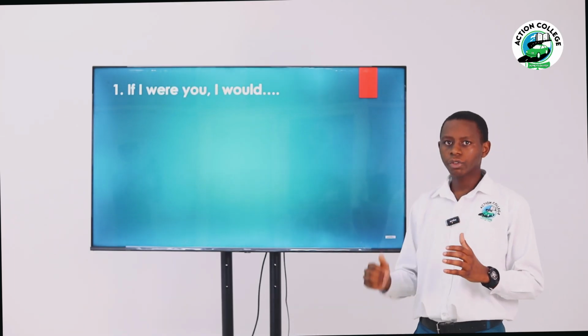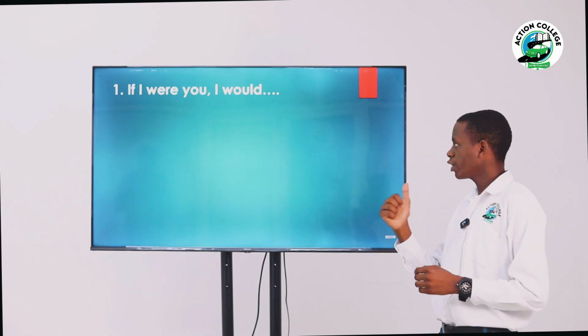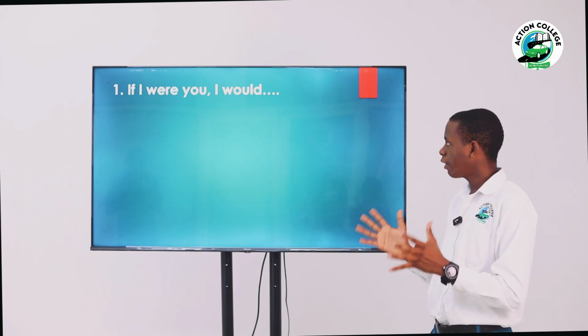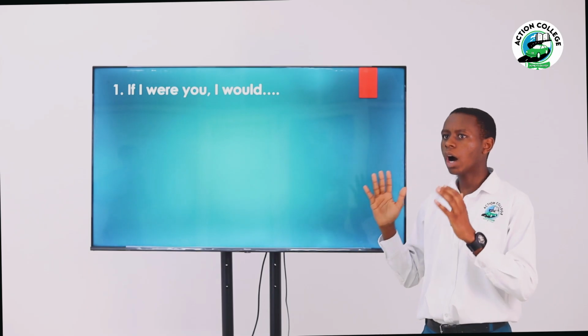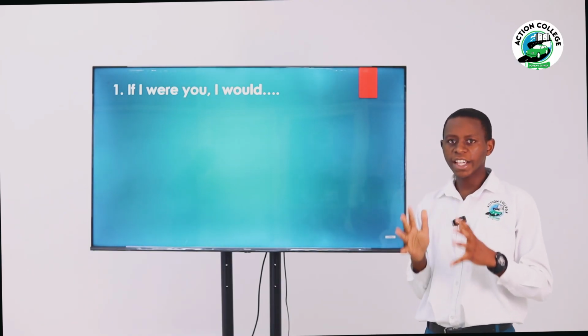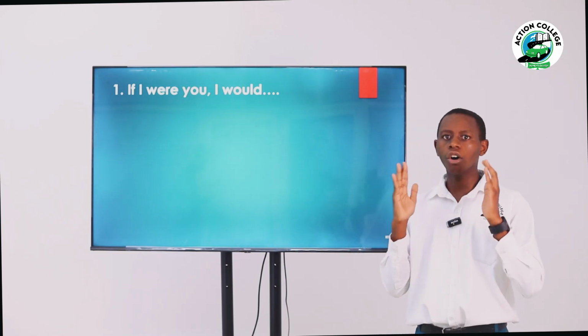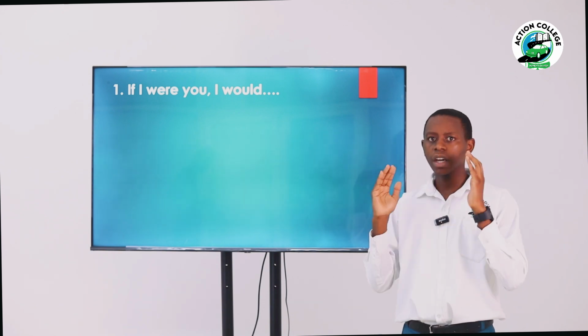So let's start with the first way of giving advice. The first way, when you are giving advice, you can start by saying, if I were you, I would do this and this. So let's see some examples. But before I give you examples, I can show you the structure of building this good sentence of giving advice.